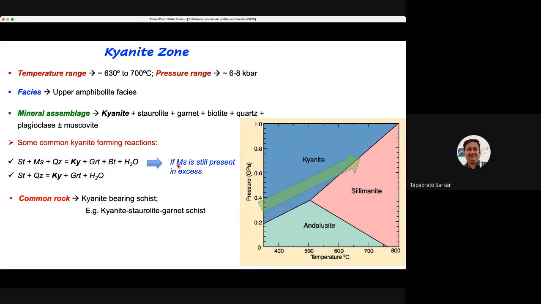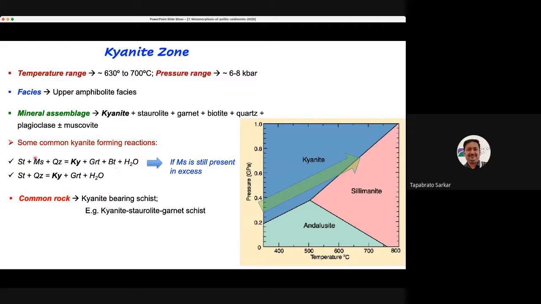If muscovite is still present in the rock, then staurolite reacts with muscovite and quartz to form kyanite, garnet, biotite, and water. If muscovite is not present, then staurolite and quartz can directly react to form kyanite, garnet, and water. Again, you see in the reaction, if you have muscovite on the reactant side, on the product side you have to have biotite, because these are the only two potassium bearing minerals.